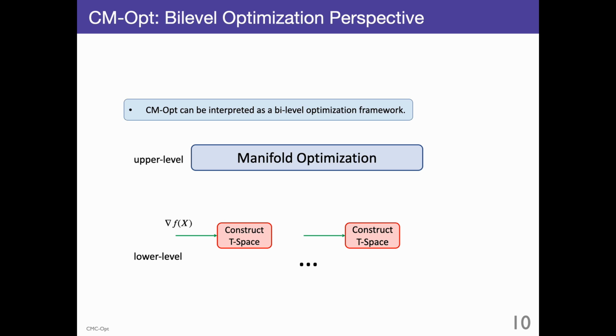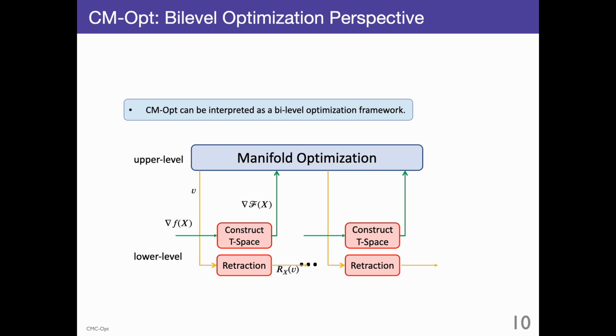What you get is a bi-level optimization, really. At the top, you have a manifold optimization problem. It's unconstrained. You don't have to care about constraints. The constraints are all implemented by calculating and constructing tangent spaces on the fly and doing retraction. So the retraction is a process of, if you leave the manifold, going back to the manifold.